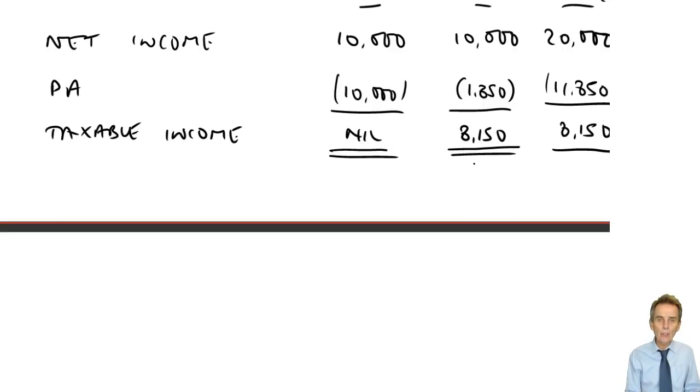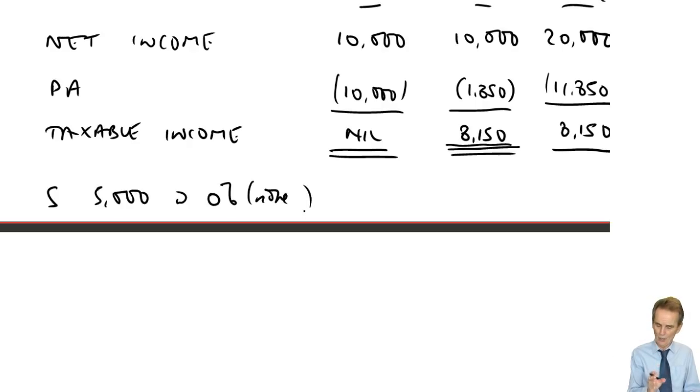So the first 5,000 of taxable income is all a part of that savings income. So here our savings income will be taxed, to begin with, the starting rate, 5,000 at 0%. Again, if necessary, a note to tell the examiner in a Section C question that that is starting rate band being applied on savings income.